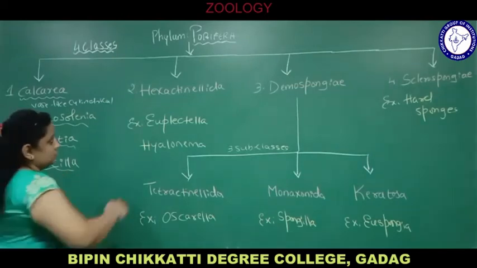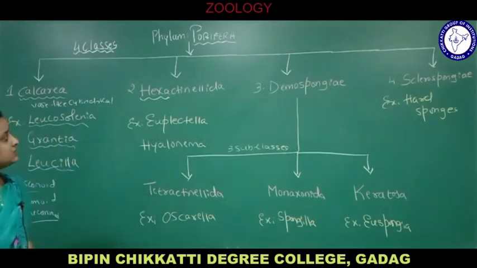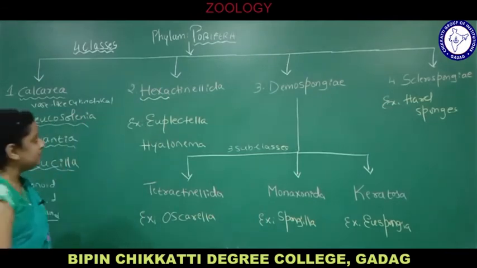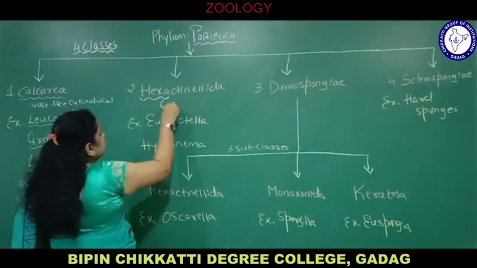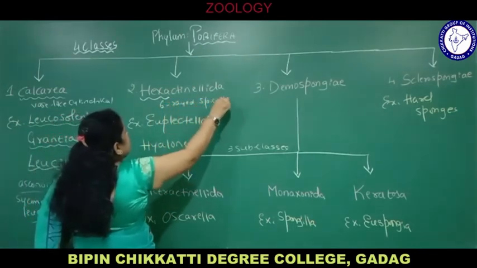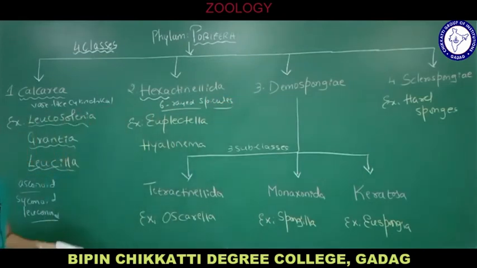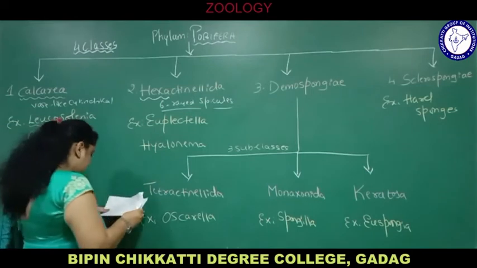Second class, coming to Hexactinellida. Hexa means 6. It is made up of 6 rayed spicules. So these animals are called Hexactinellida.